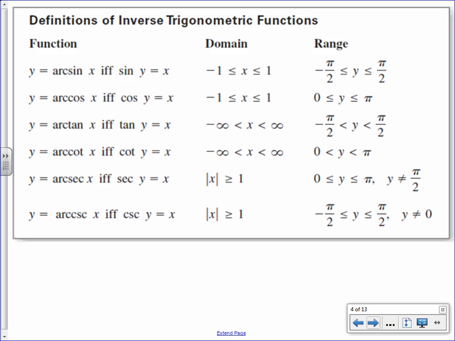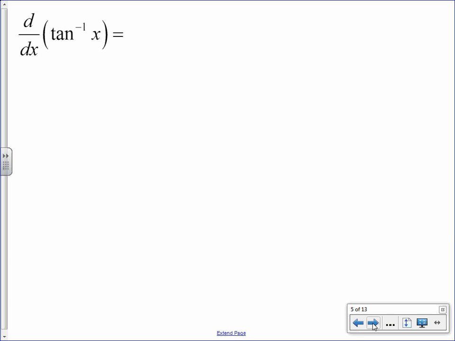So what we're worried about today are the derivatives. Let's talk about the inverse tangent's derivative. What I am going to do is give you the rule, and then show you why it is the rule.